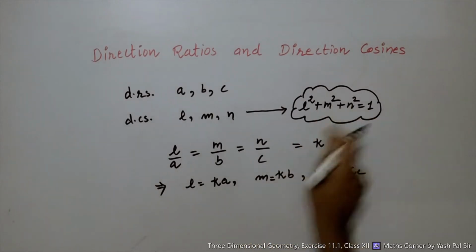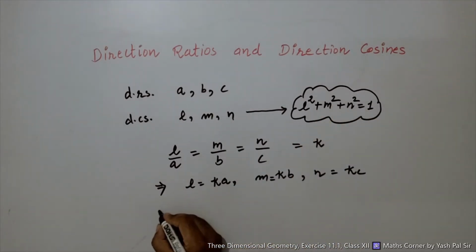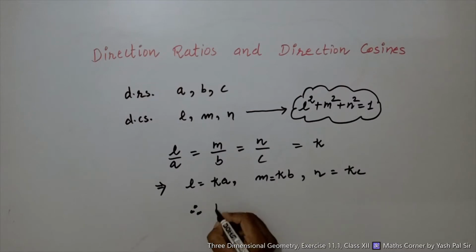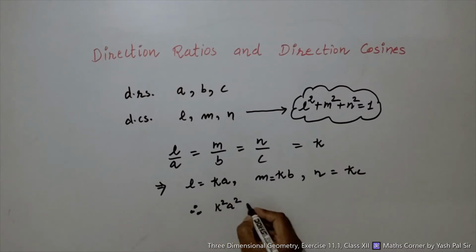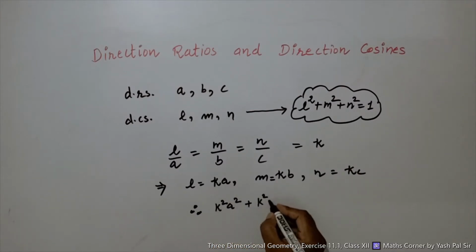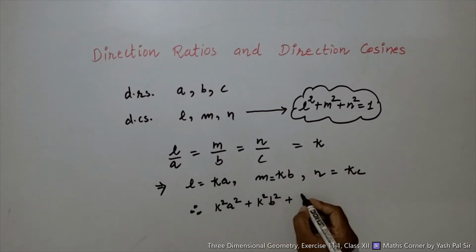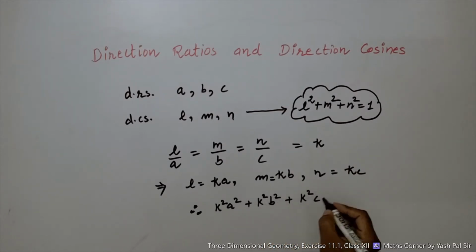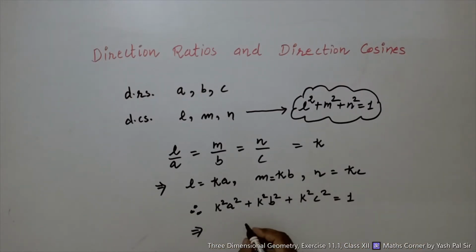So if we apply this condition here, then this becomes k square a square plus k square b square plus k square c square is equal to 1, which implies that k square is equal to, taking k square common, 1 upon a square plus b square plus c square, right?